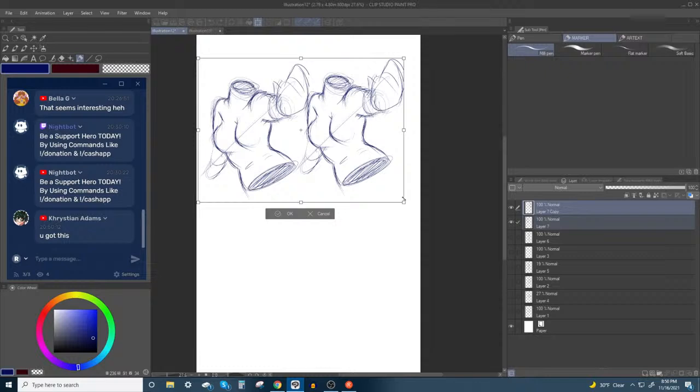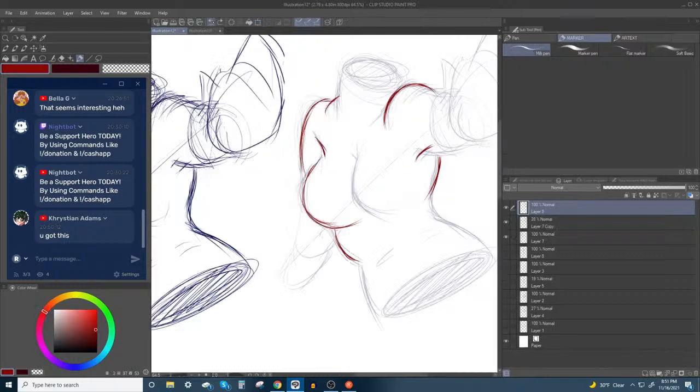So anything that is colliding will squish into each other. Actually, the breast falls down a little bit more like that. And then I'm going to squish this.